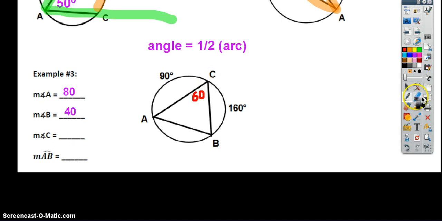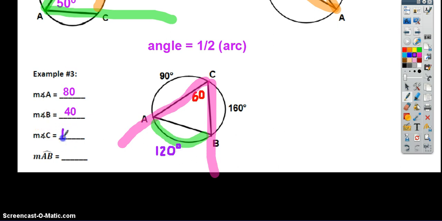And the two sides of this angle are here and here. So that angle intercepts this arc. So the 60-degree angle has to be half of that arc. So that arc is 120, twice as big.